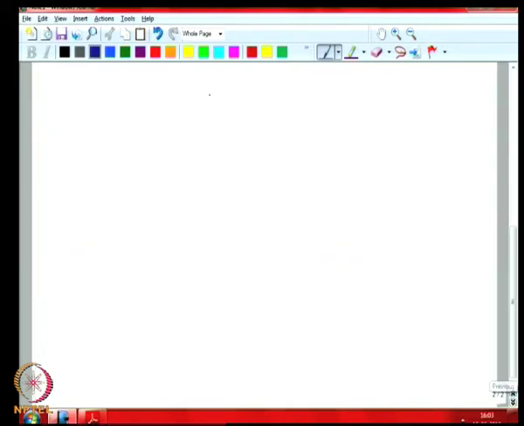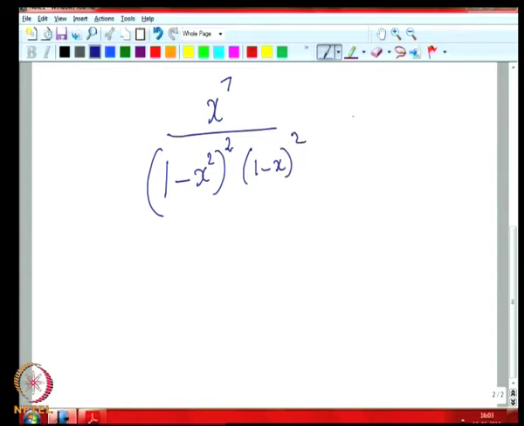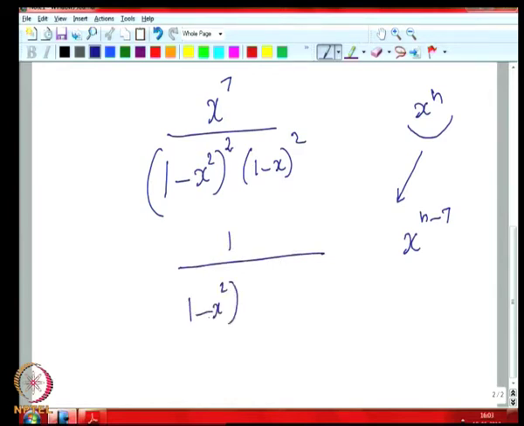Yesterday we came to some form like x to the power 7 by (1 minus x squared) to the power 2 into (1 minus x) whole squared. So, what is the coefficient of x to the power n in it? We first noted that to find the coefficient of x raised to power n in this, we only have to look for the coefficient of x to the power n minus 7 in 1 by (1 minus x squared) to the power 2 into (1 minus x) whole squared, right.